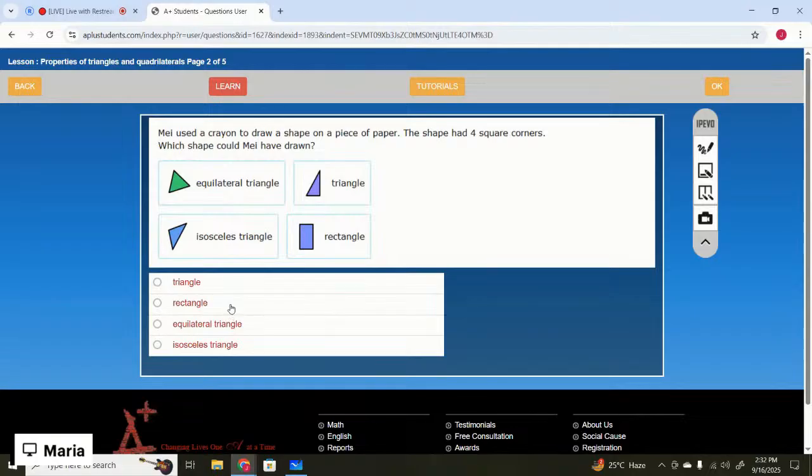The only four-sided shape here is a rectangle, so it must be a rectangle. Got it?